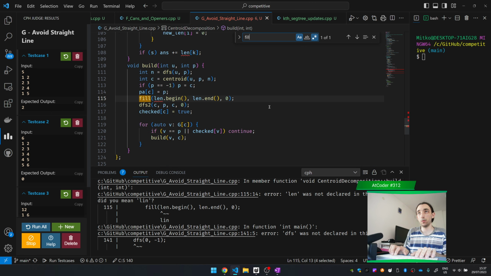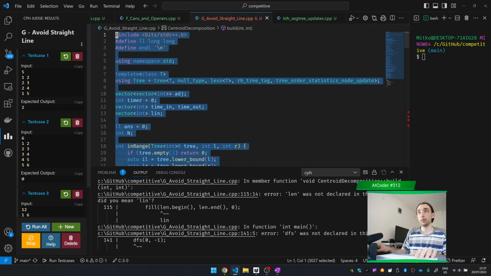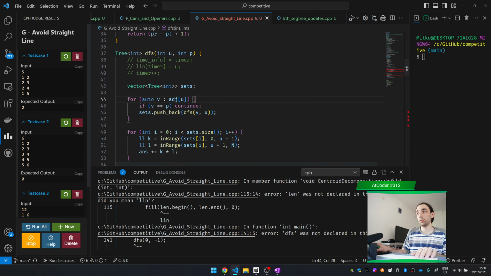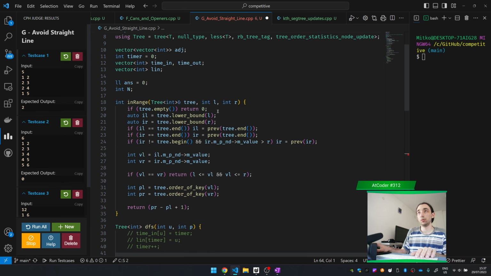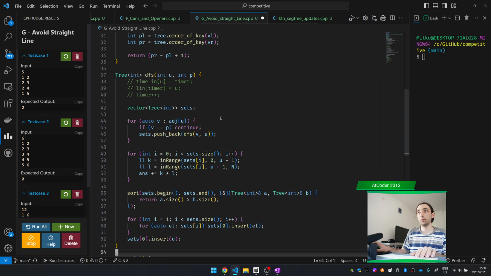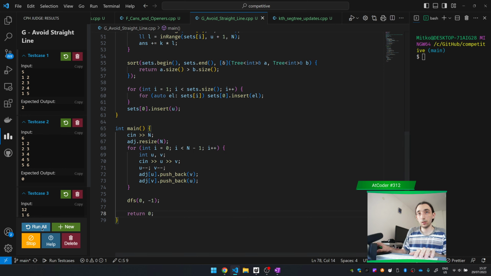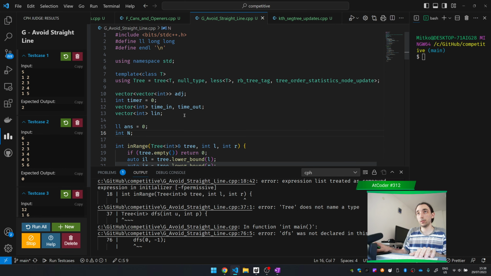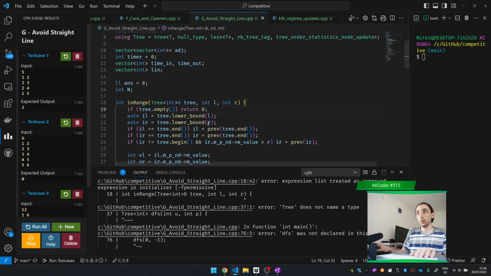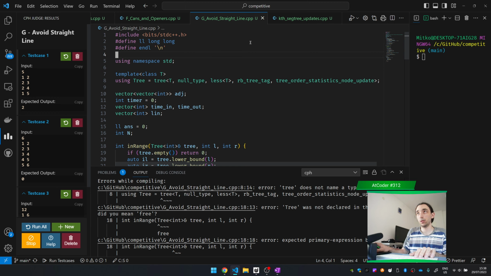So this is not correct, but oh wait, what is fill? Right. I'll need centroid decomposition. So I don't need that. Tree doesn't have a type.